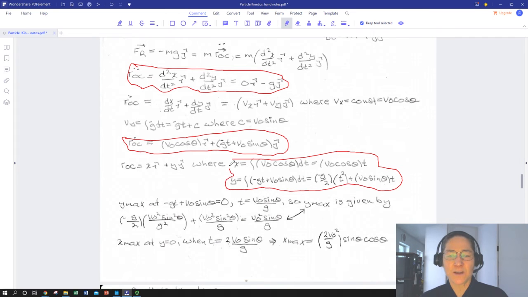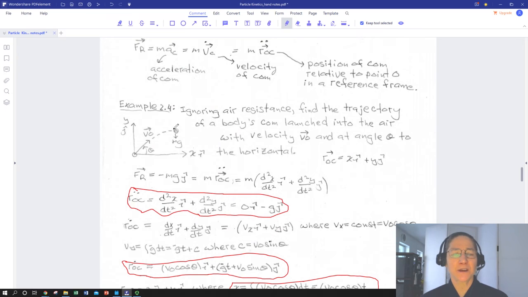So anything we needed to know about where that body was, or where that body's center of mass was, because that's all we really know, where that body's center of mass was at any time, we can find it with these three expressions.